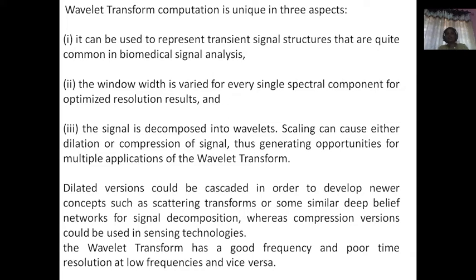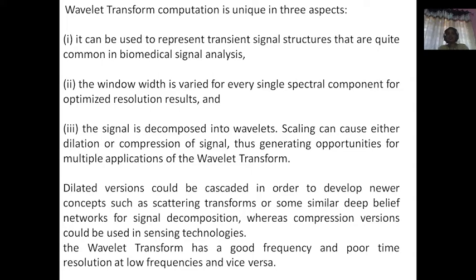Scaling can cause either dilation or compression of a signal, thus generating opportunities for multiple applications of the wavelet transform. Dilated versions could be cascaded to develop newer concepts such as scattering transforms or similar deep belief networks for signal decomposition, whereas compressed versions could be used in sensing technologies.